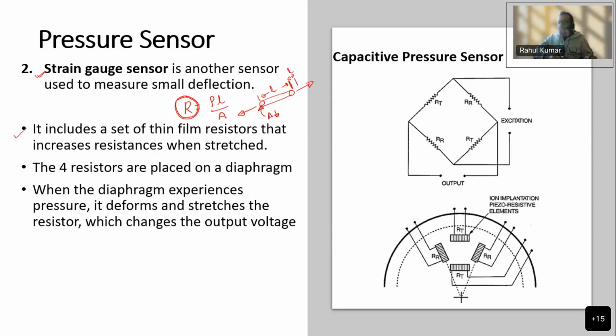In a strain gauge sensor, it includes a set of thin film resistors that increase resistance when they are stretched. These are a special type of resistor. They have a thin film on it, and if you stretch it, the value of resistance will change.